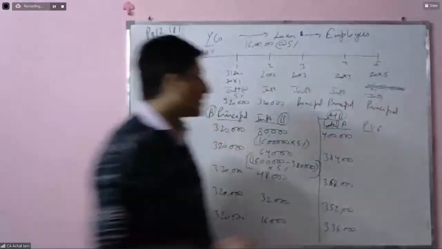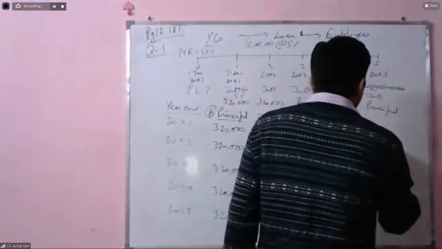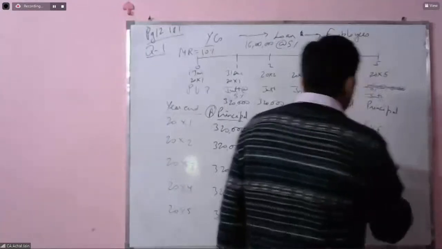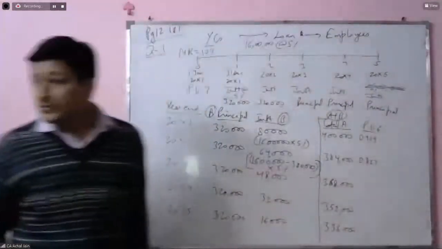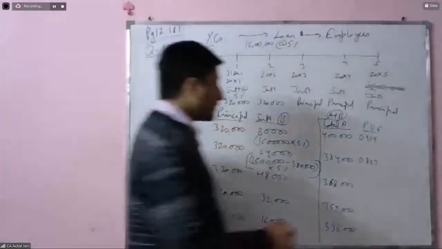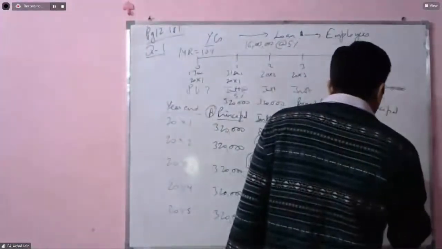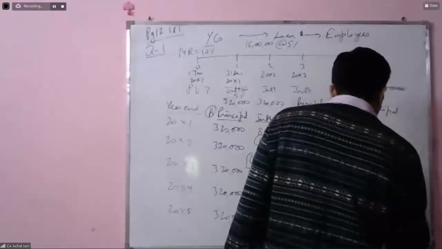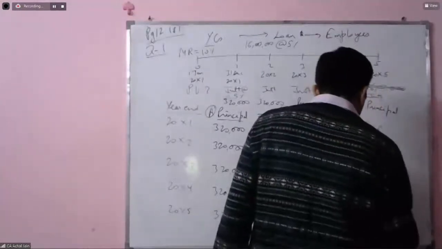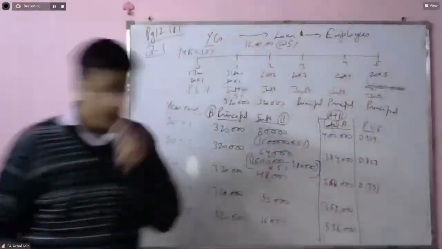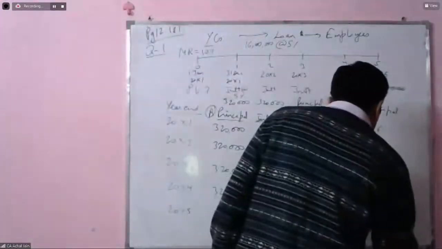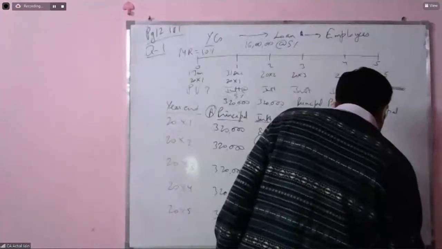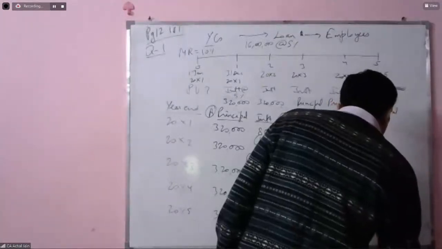We can just plot down the PV factor over here: 0.909, 0.827, if I'm not wrong, 0.751, then 0.683, then 0.620.